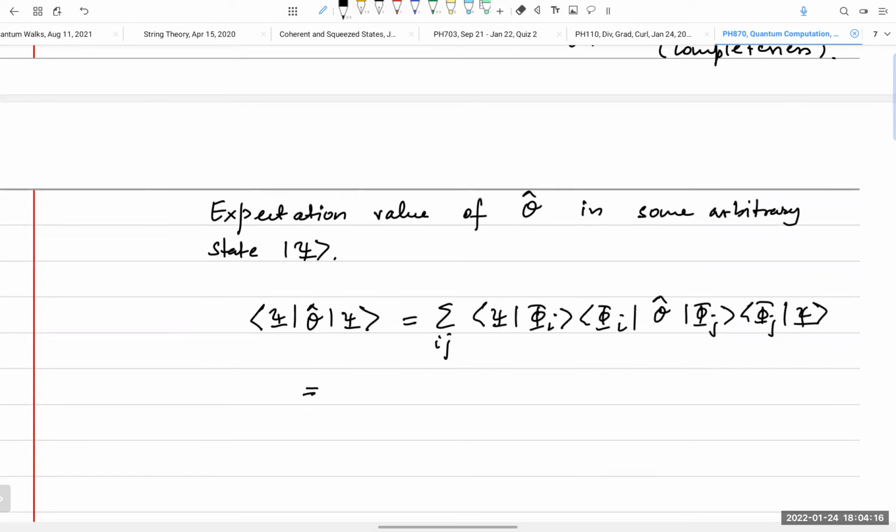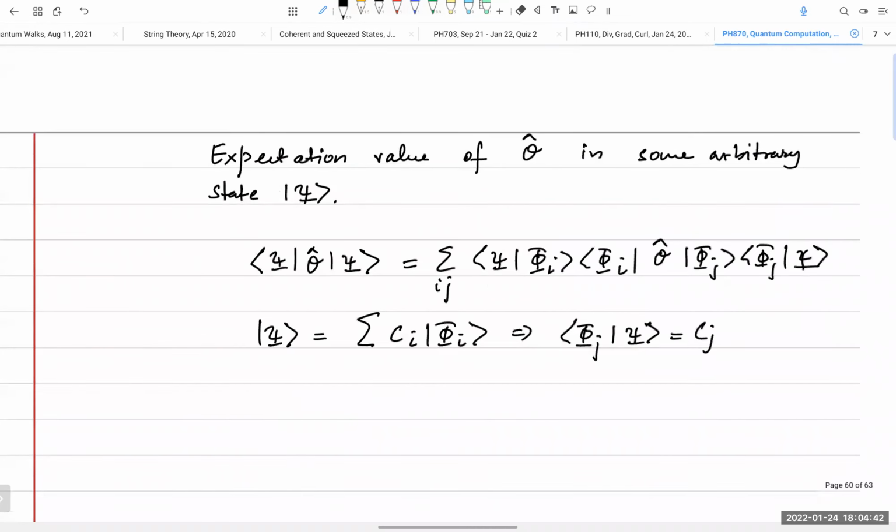So what will be the result now? Well, since phi is an orthogonal basis, I can always decompose my state psi in terms of this orthogonal basis. So what will be phi_j psi? Phi_j psi will be c_j.